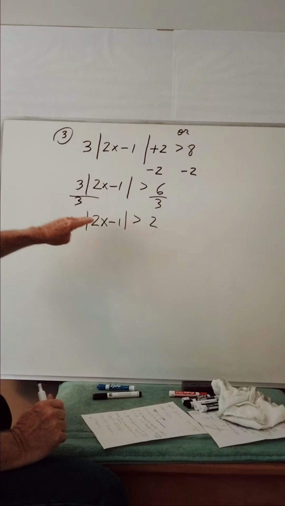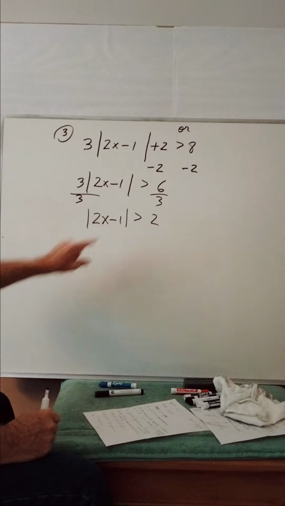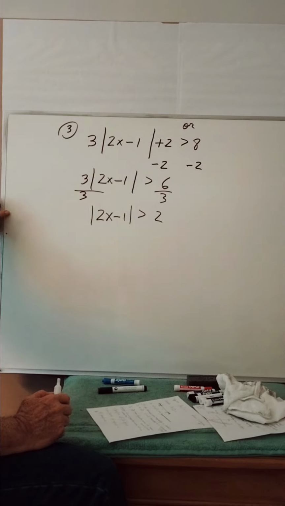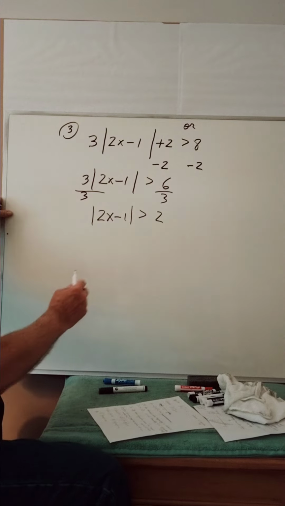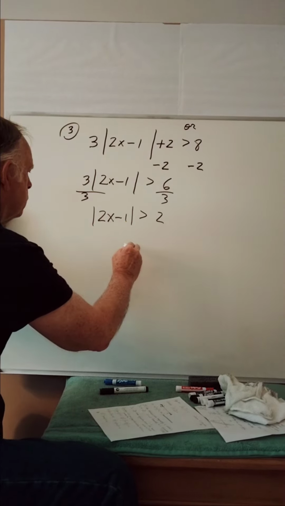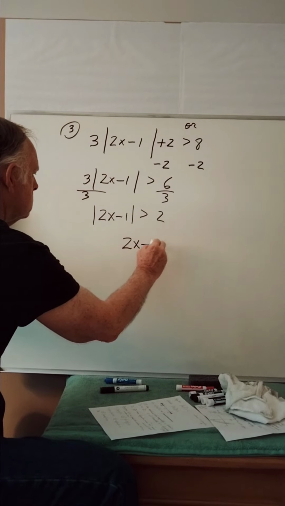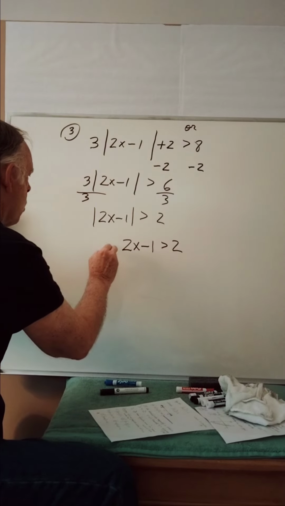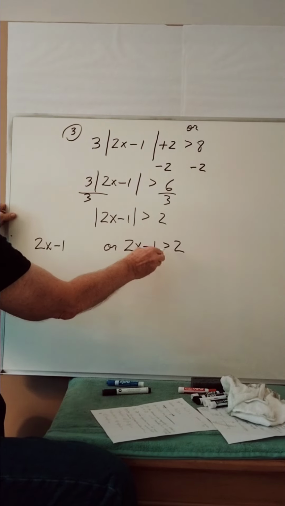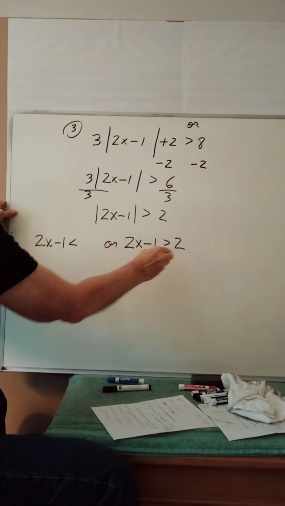Now we have it down to our form. It's greater than, he's positive, he needs to be for us to be able to do the translation. Here we go. 2x minus 1 is greater than 2. Or 2x minus 1 opposite, opposite.